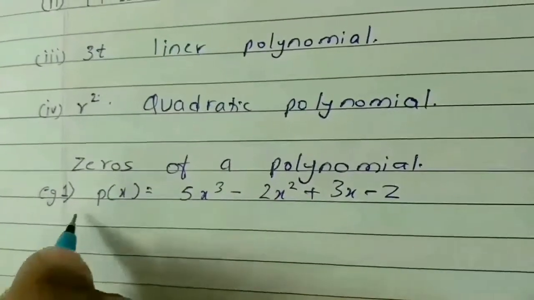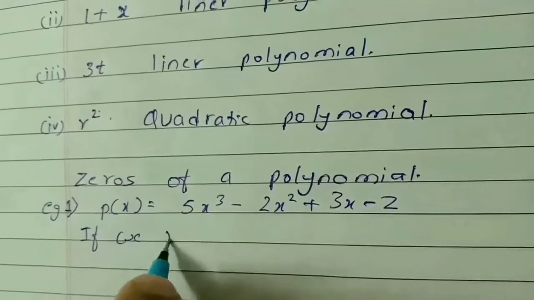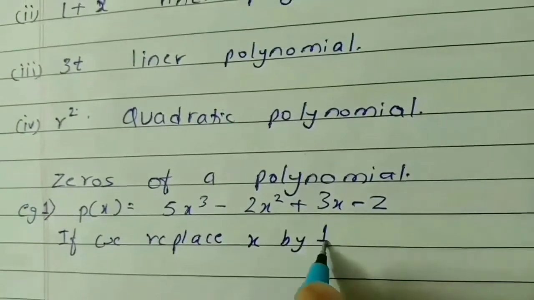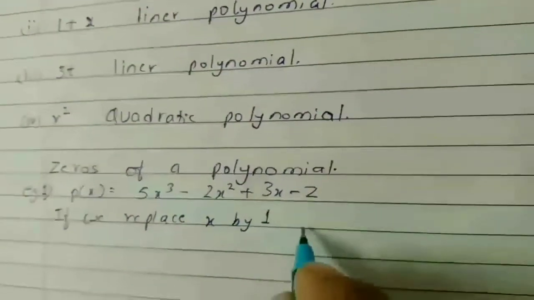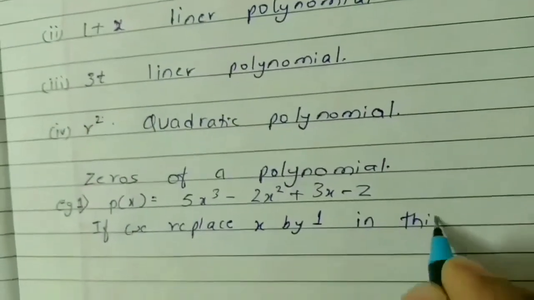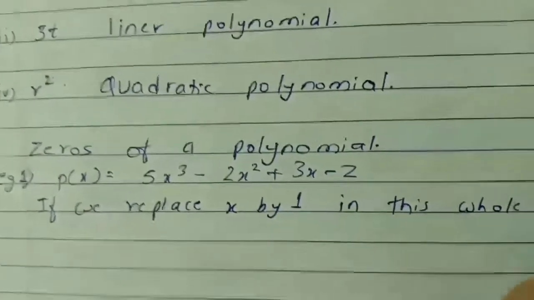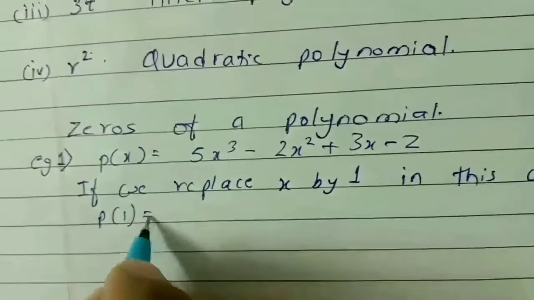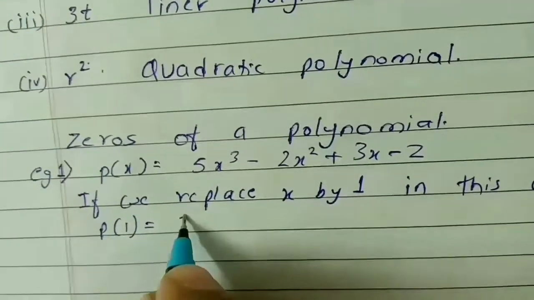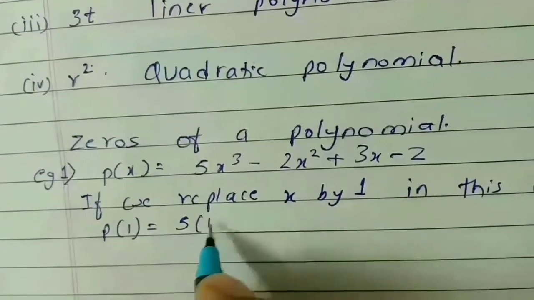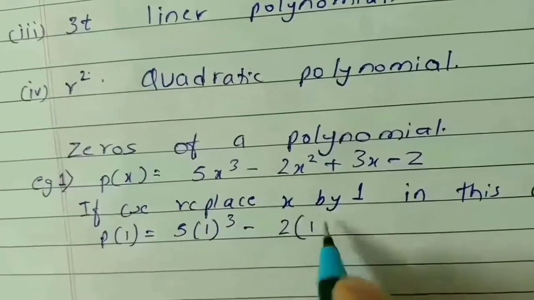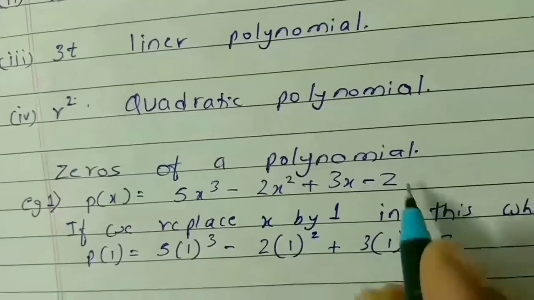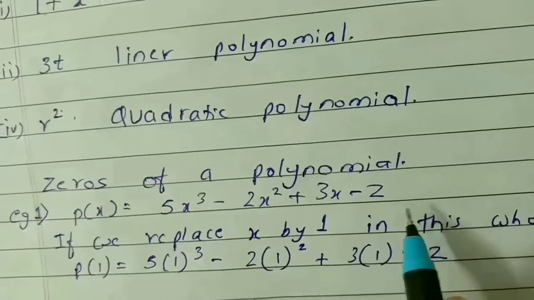Now in this, if we replace x by 1 in this whole equation, what will be the answer of that? You have to replace x by 1. Wherever there is x, write 1. Here there is nothing, so it will remain as 2.